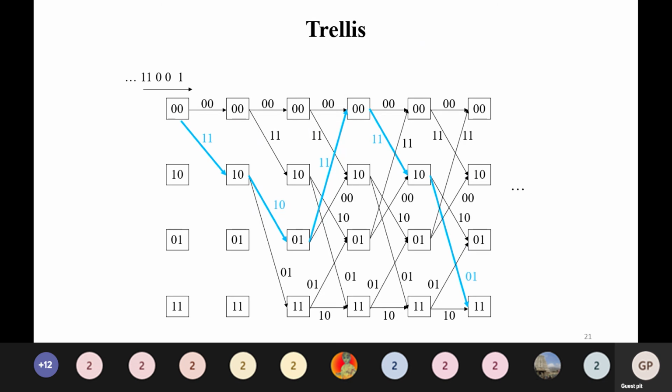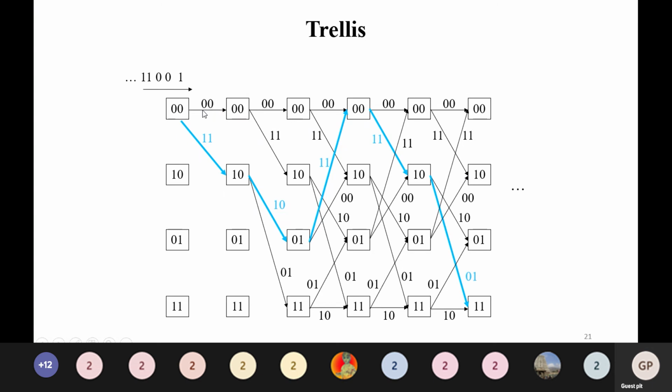Okay, so you can expect problems using convolutional codes. Initially, as you have 4 states, 0 0, 1 0, 0 1, 1 1, you have 0 0, then 0 0 0 0.